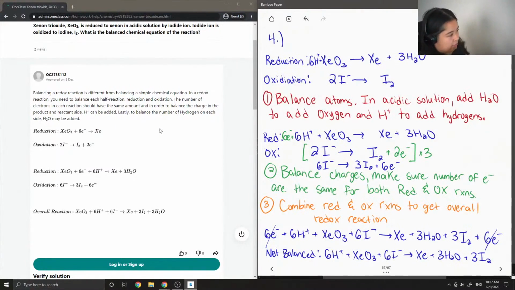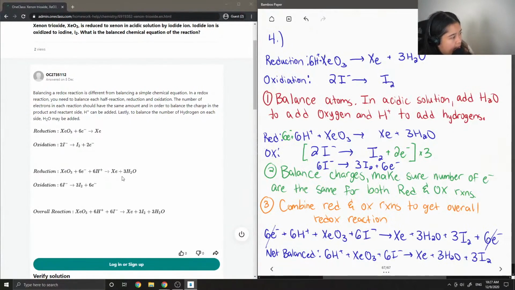So as you can see for mine, we have different approaches. I like to balance my atoms first because it's easier to balance the charges after that. But to each his own, whatever you get comfortable with doing. So they showed how they added their electrons on this side. And they added 2 on this side.